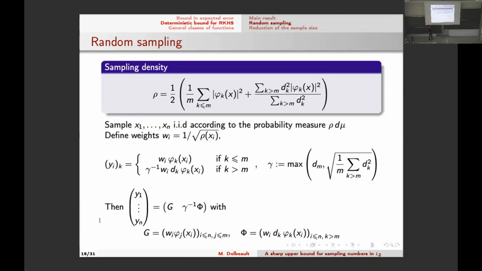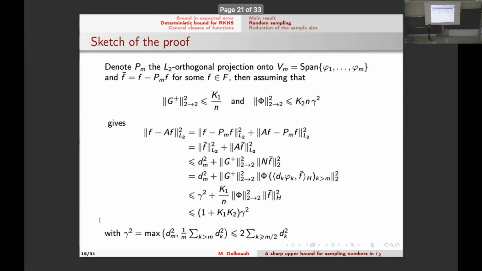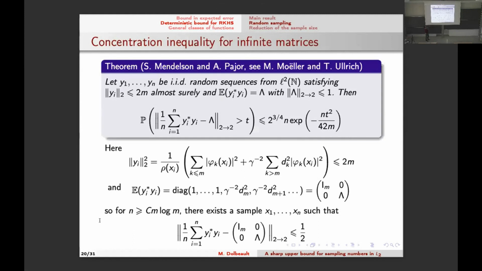I'm defining y_i, a Gram matrix J, and an equivalent for the remainders. I'm using some concentration, so I still have two conditions. The proof is the same, and I can use the same concentration inequality. With that, I got the first estimate, which told me I have logarithmic factors, and I'm almost good.